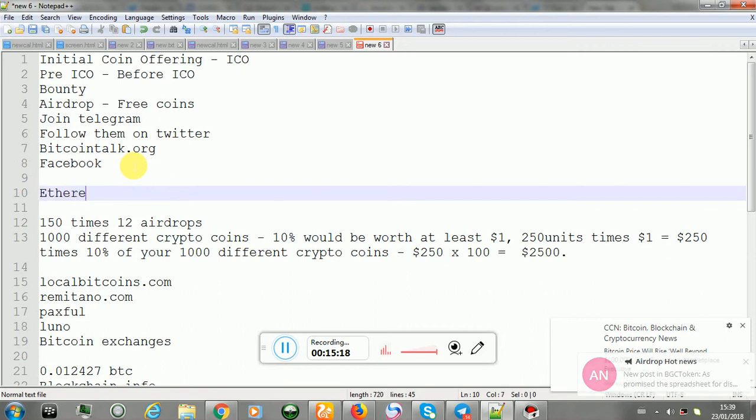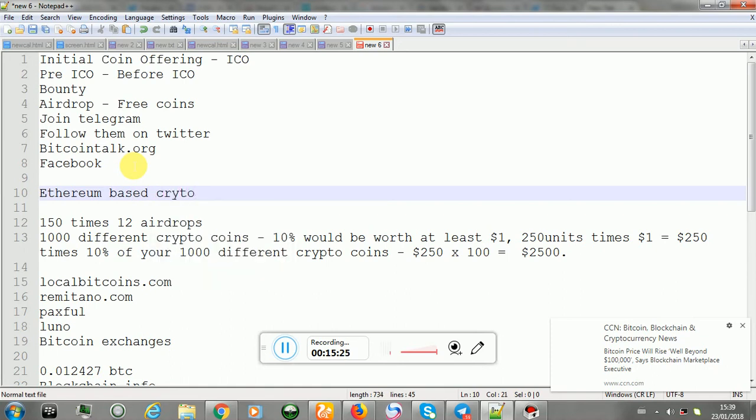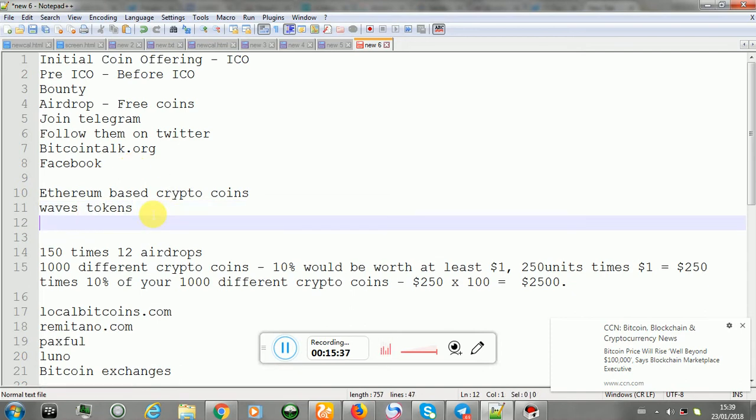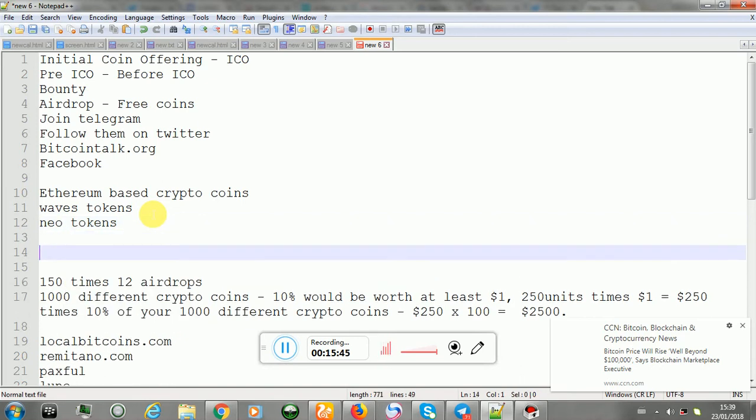We have the Ethereum based crypto coins, and then we have some on Waves tokens, and then we also have the NEO tokens, and so on and so forth. So depending on the requirement of your airdrop, you may need to create the wallet.